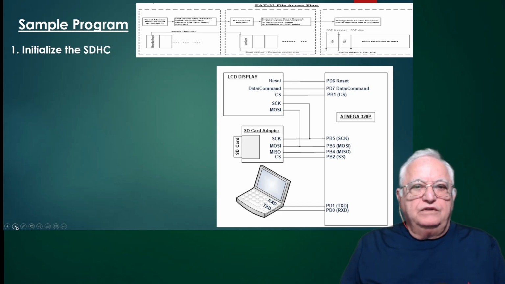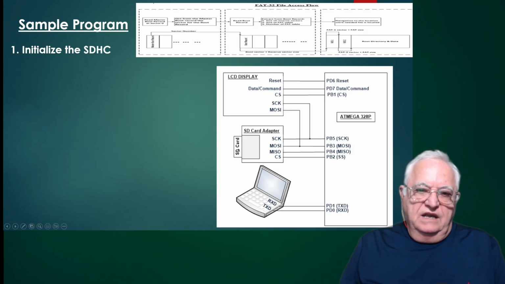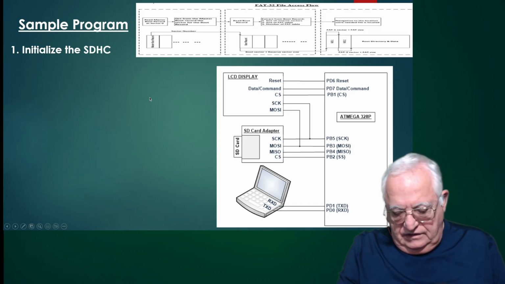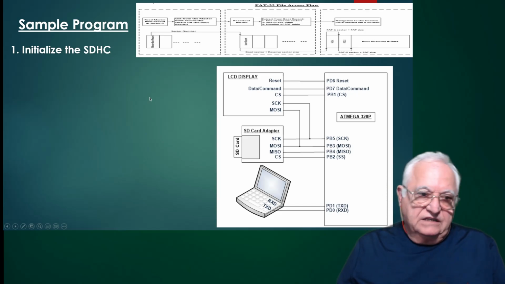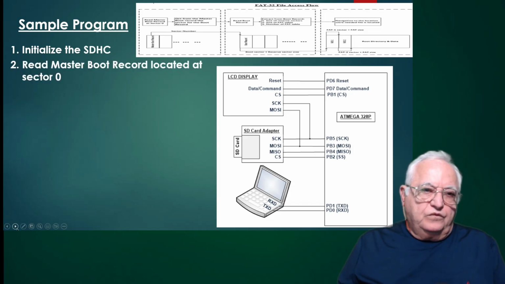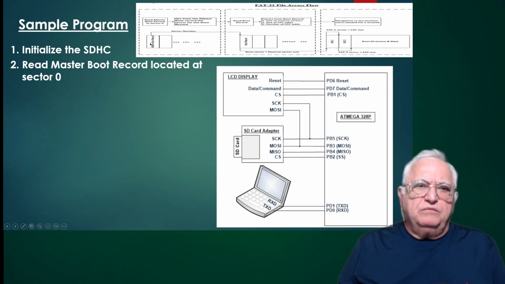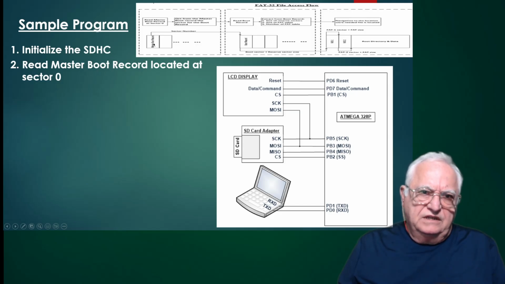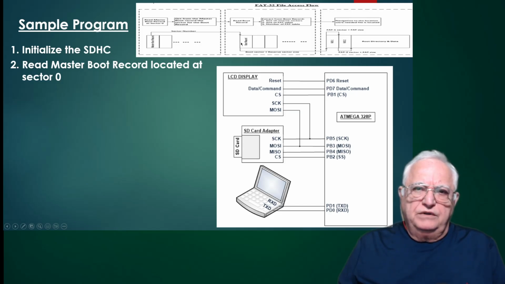So first we have to initialize the SD card adapter, or as we used to say, the HCSD. Next, we need to read the master boot record, which is going to give us the information we need to head to the boot record.